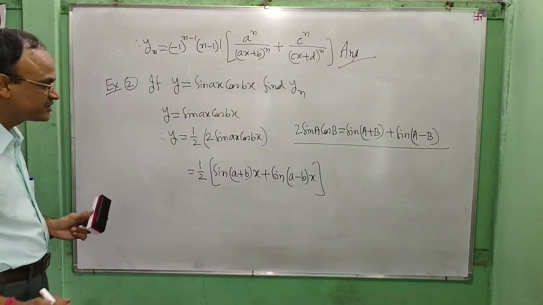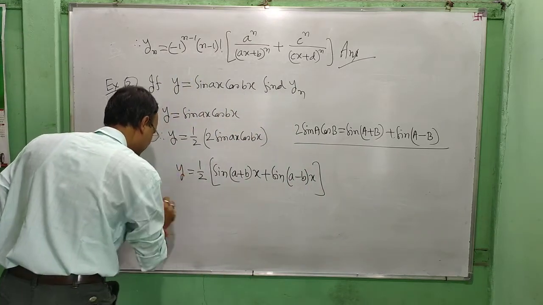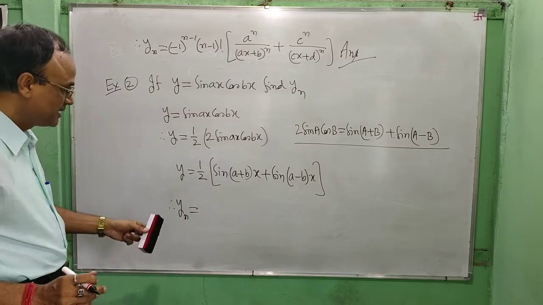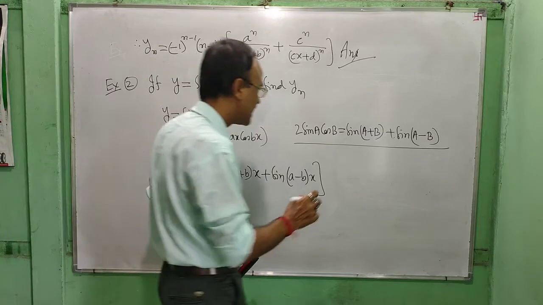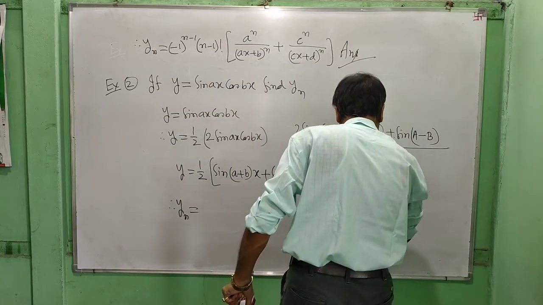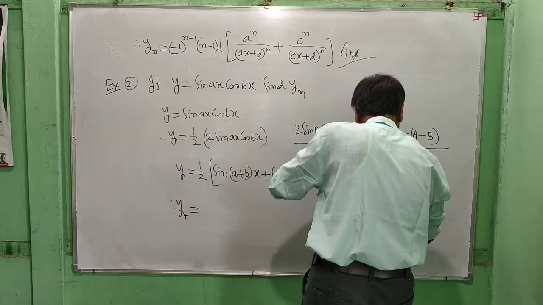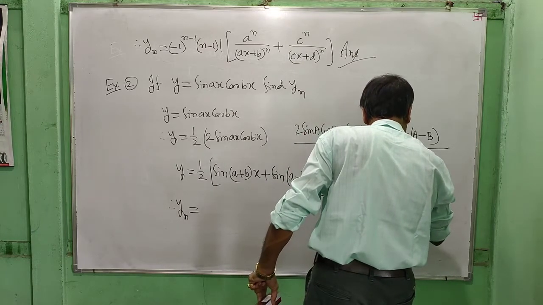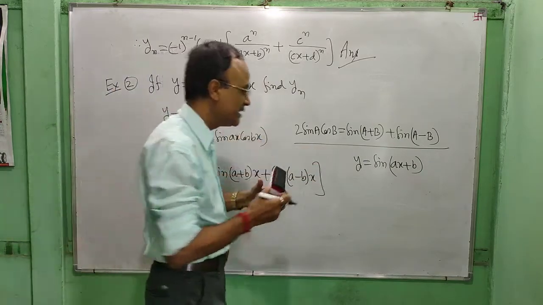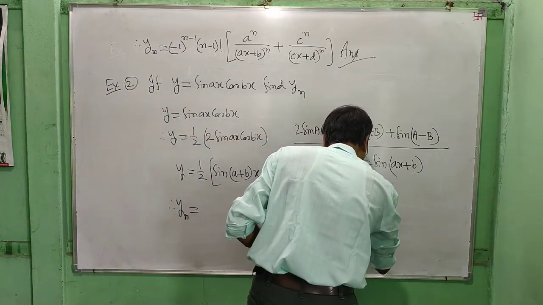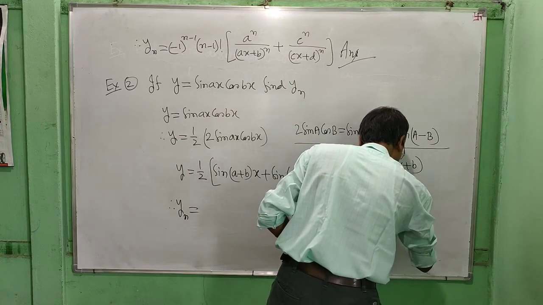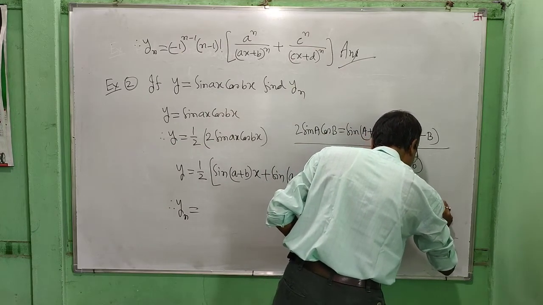You may write y like this. Therefore, yn is equal to... Before writing yn, I am going to remind you: if y is equal to sin(ax plus b), then yn is equal to a to the power n sin(n pi by 2 plus ax plus b).